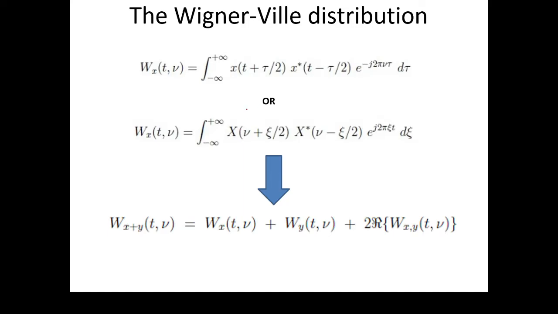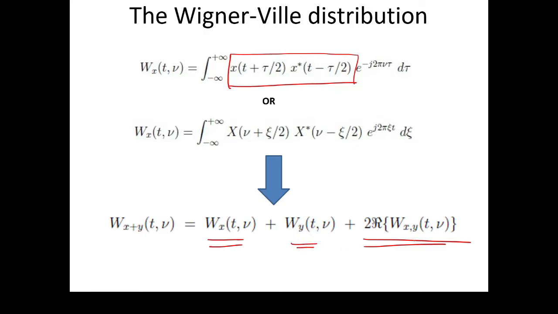I'm just telling you in short what it is doing. It is doing autocorrelation, and then it is trying to find out the frequency spectrum. Now the problem: since it is doing autocorrelation, if there are two frequency components, say x and y, you will have something for x, something for y, and some correlated functions.